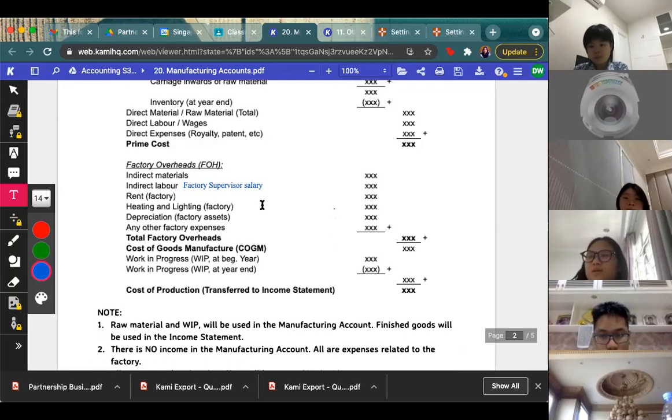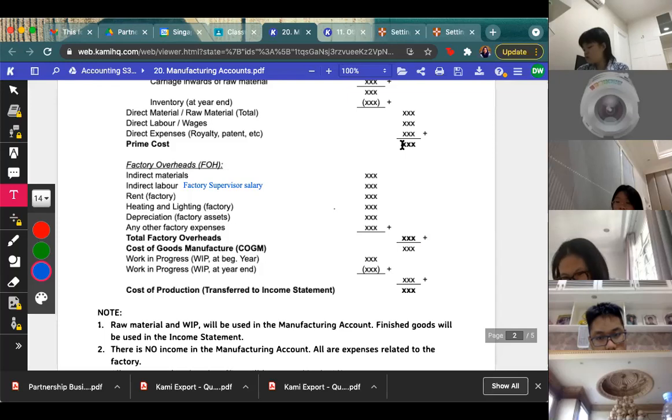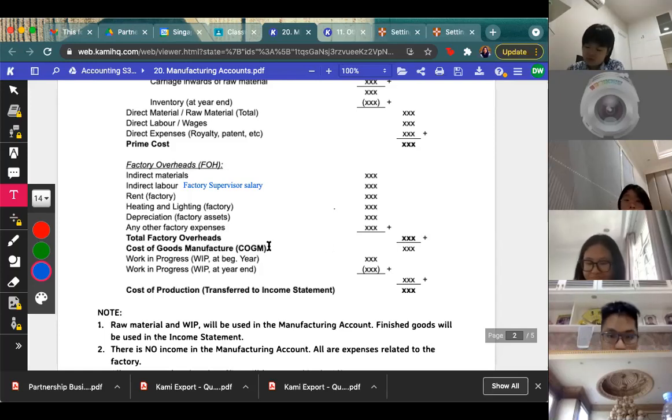Okay, good. Then after you have total factory overheads, you add prime cost and factory overheads. You add these two to have cost of goods manufactured. After you have cost of goods manufactured, the fifth step is to add work in progress.